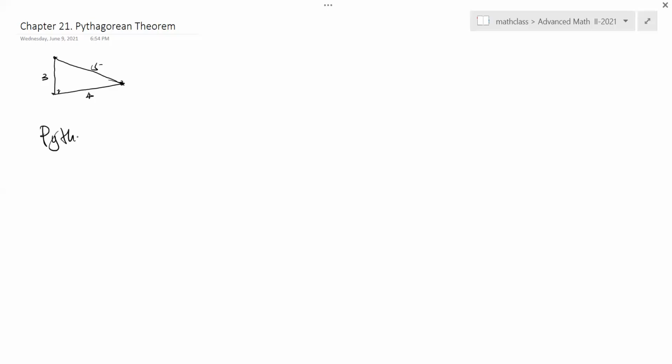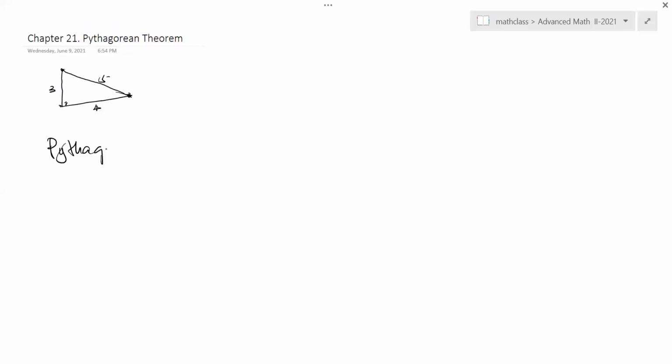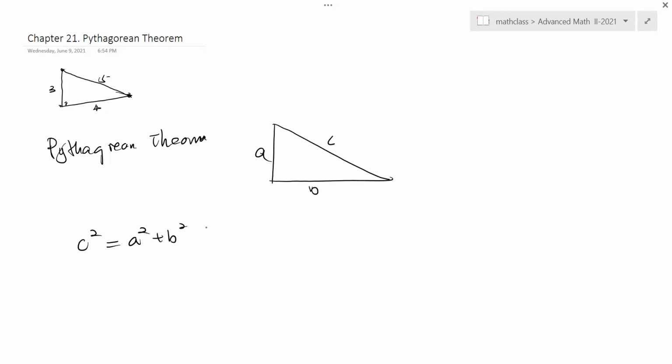It says that if we are given a triangle with 3 sides A, B and C, and C squared equals A squared plus B squared, then the angle between A and B, alpha, equals 90 degrees.